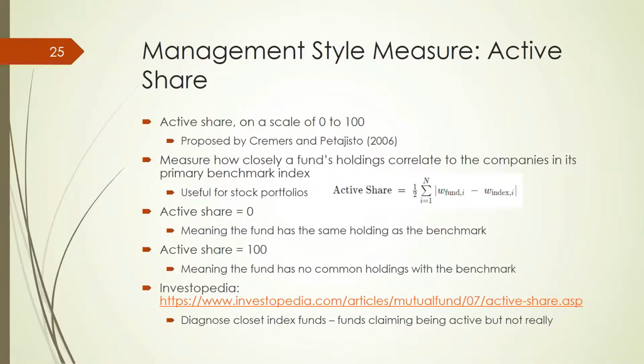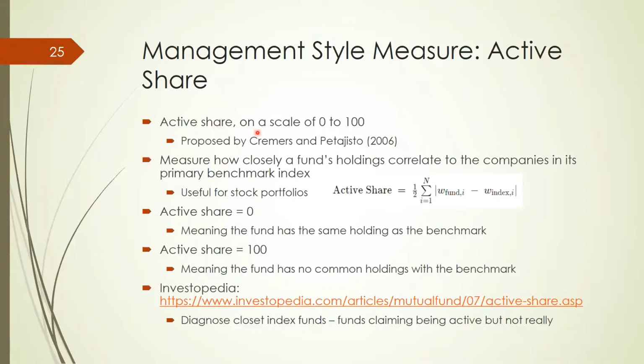Another recently used performance measure, which is not introduced in the book, but has started to become very popular in the industry, is the active share measure. So I'm going to introduce the active share measure here and give you an example.